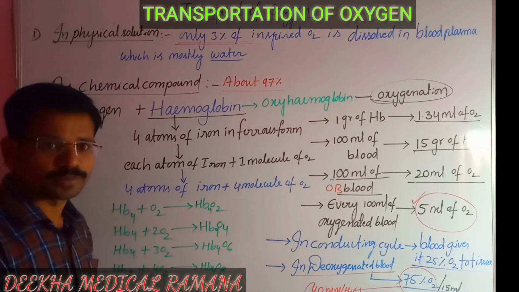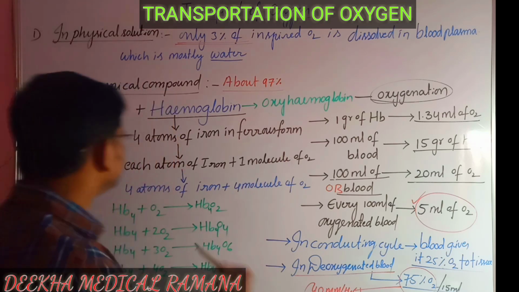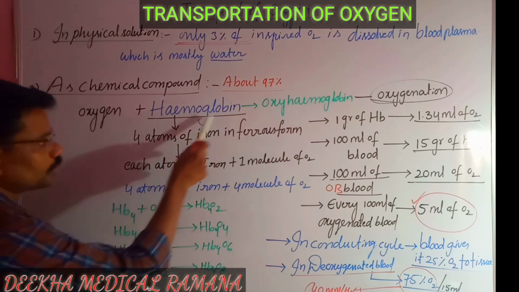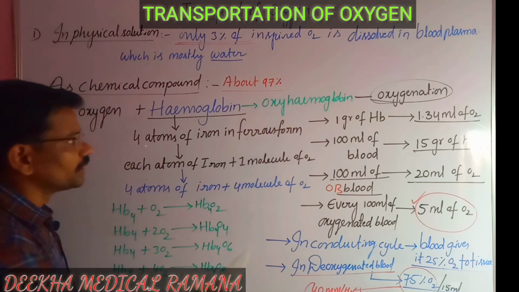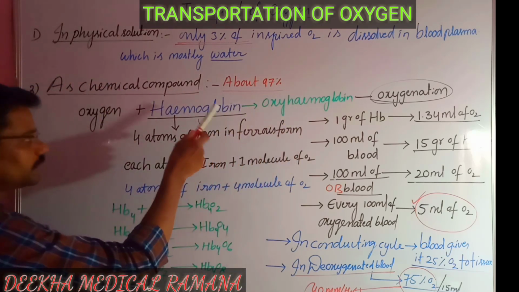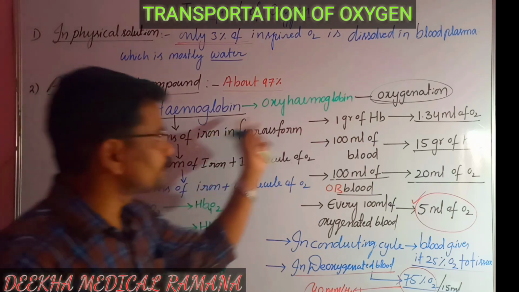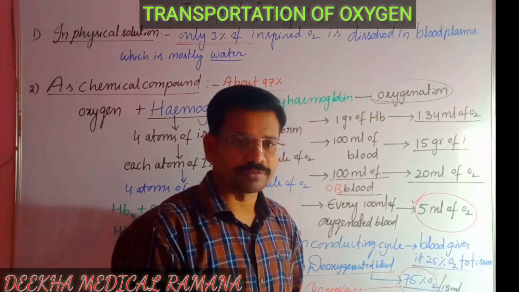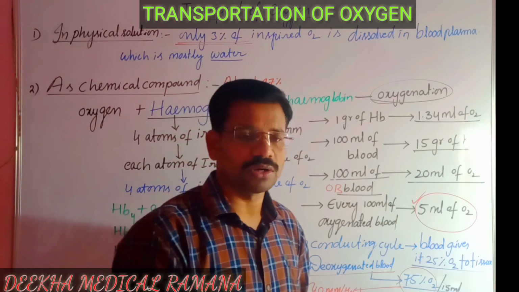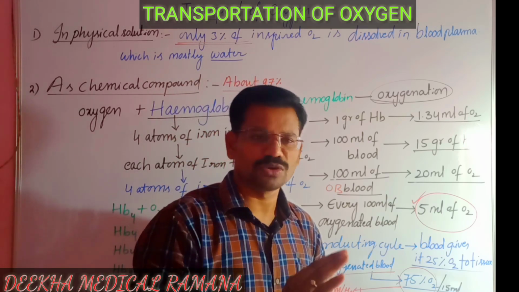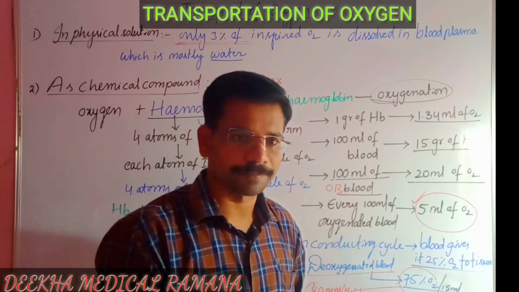Formation of oxyhemoglobin is a reversible process. That means oxygen combines with hemoglobin to form oxyhemoglobin, and oxyhemoglobin dissociates to form hemoglobin and oxygen. This process we call oxygenation. Formation of oxyhemoglobin is called oxygenation. Here there is no reduction and no oxidation, right?